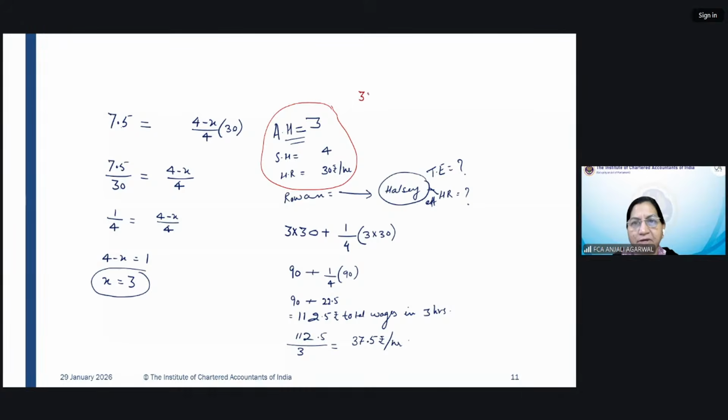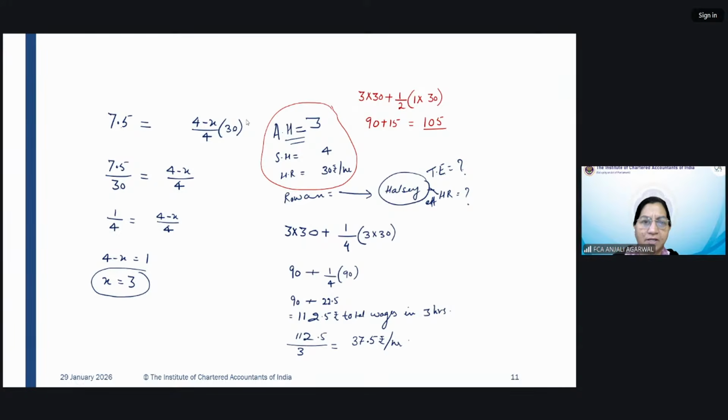Once again, 3 into 30, 90 is what is guaranteed, but half of time saved into hourly rate. So basically, by saving 1 hour, he saved the management 30 rupees. Half of that would be given to him. So 90 plus 15, he ends up getting 105. So his total earnings under the Halsey plan would be 105.